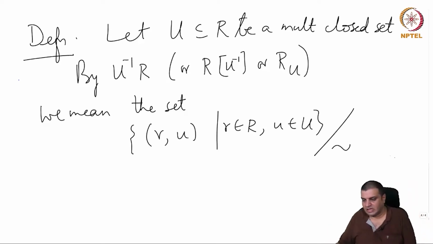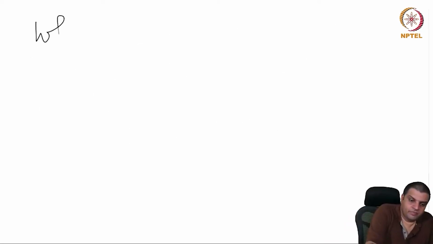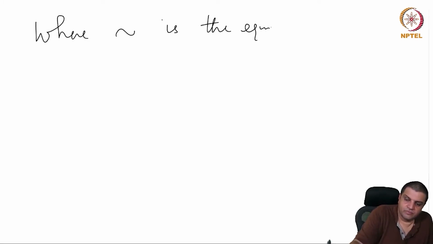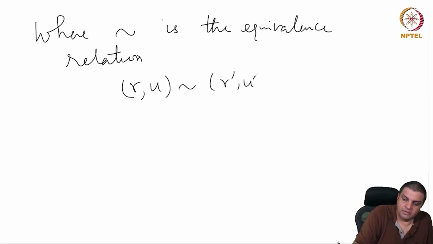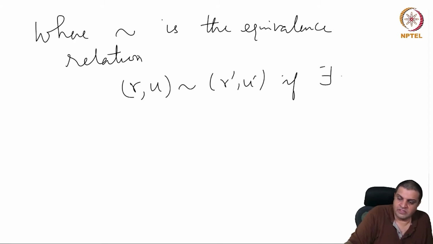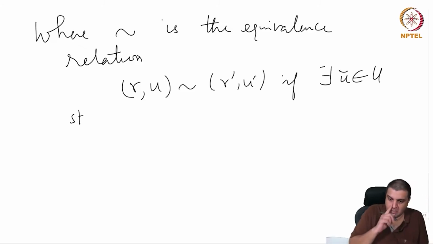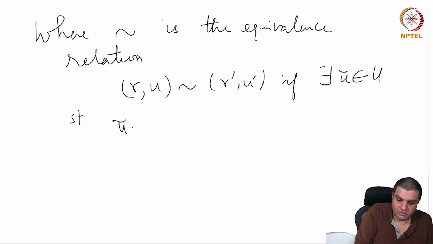So equivalence classes under this equivalence relation, where this is the equivalence relation: (r, u) is equivalent to (r prime, u prime) if there exists some u tilde in U such that u tilde times (r u prime minus r prime u) equals 0.